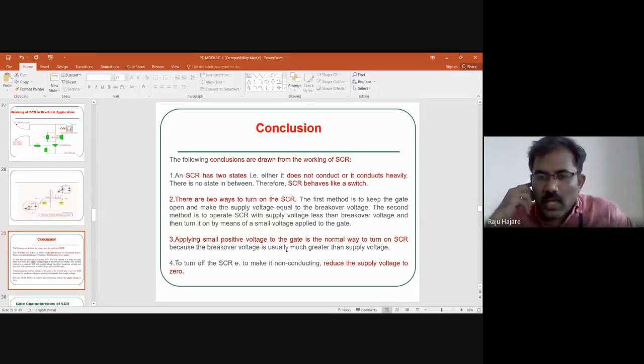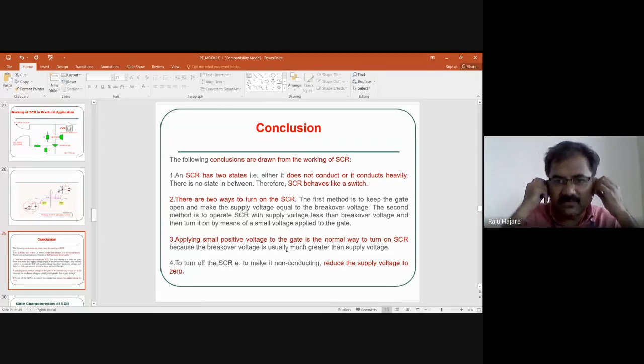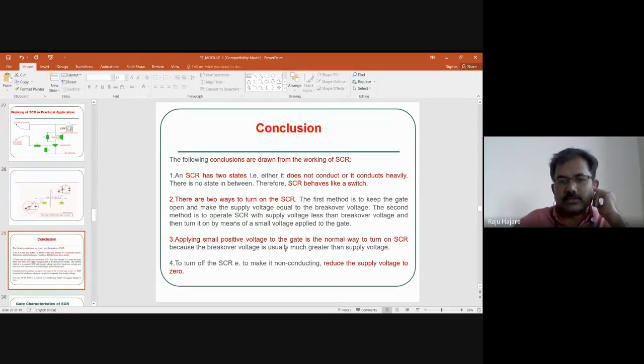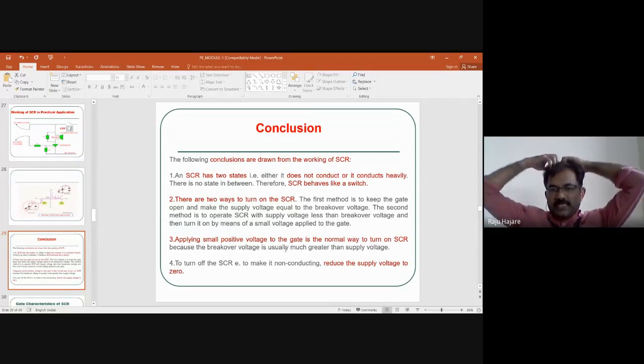When you apply higher voltage, definitely the device will get more heated and there is more power loss in the switching action of the device. Right? That's good. Anything else? Any doubt? Others?